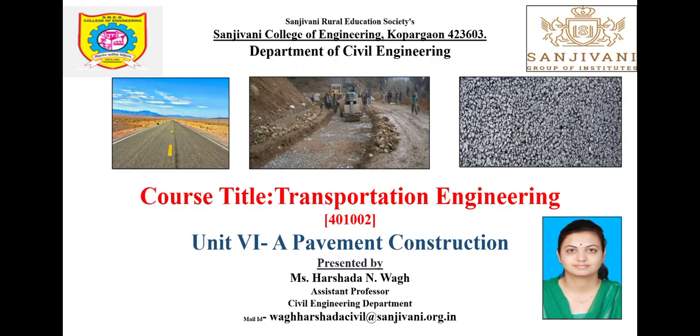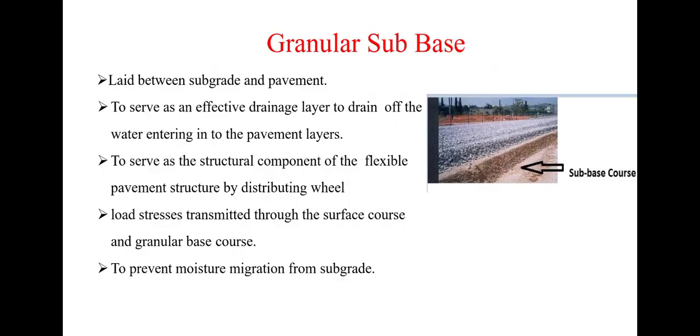So in this road pavement, firstly comes the role of GSB, that is granular subbase. So what is GSB? GSB is granular subbase. It is laid in between the subgrade and the pavement. So the middlemost part is nothing but the granular subbase.